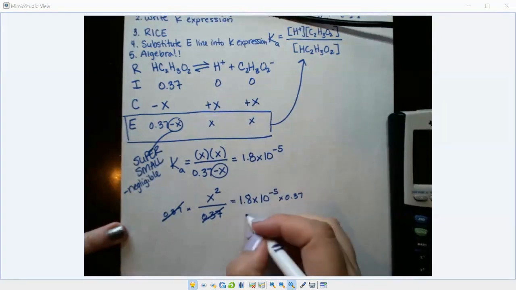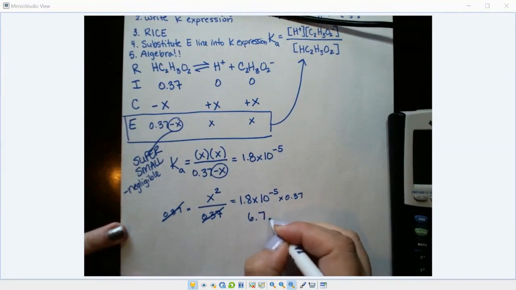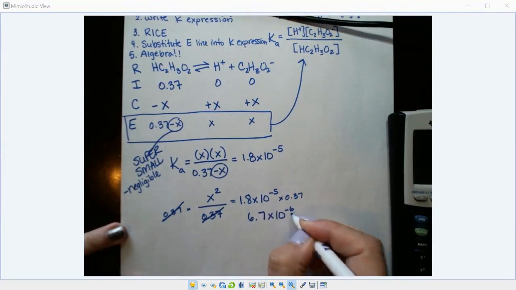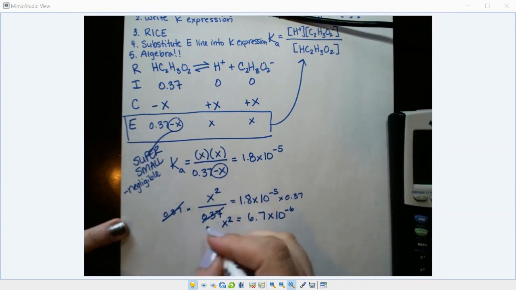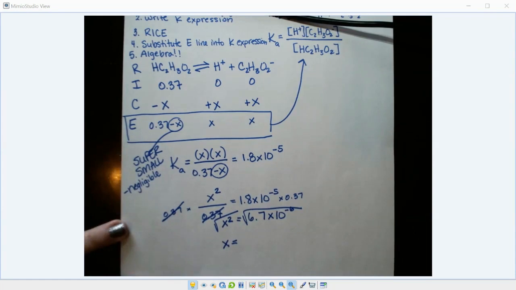So we're going to say this is 6.7 times 10 to the negative 6, and that's all equal to x squared. Well, now to get rid of the square, we just square root both sides, and I get x equals 2.6 times 10 to the negative 3rd.